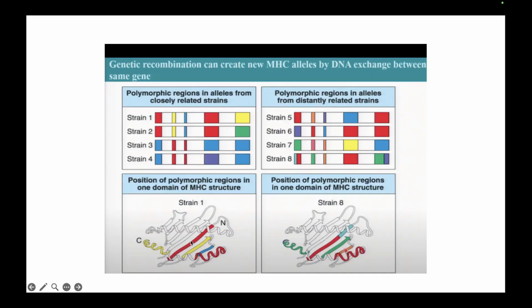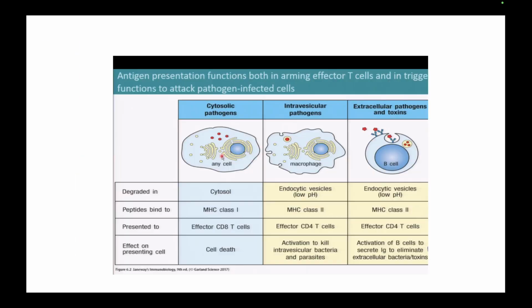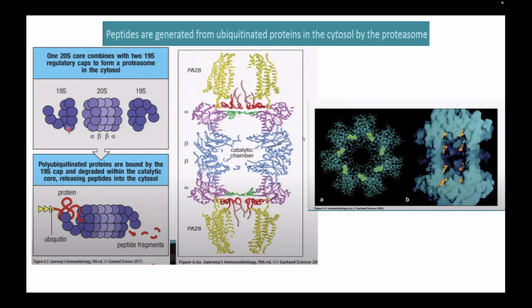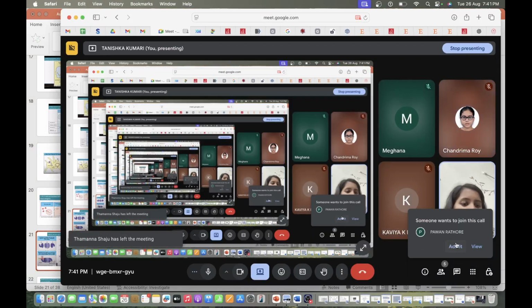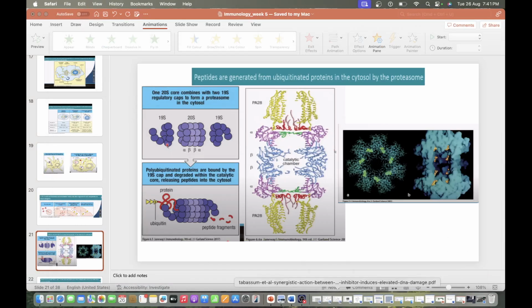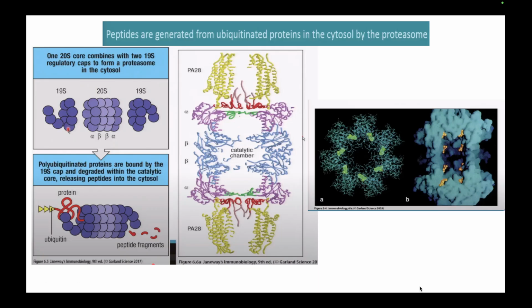In the previous class we saw that in this cleft only a certain length of peptide can be accommodated, and there are certain residues which remain conserved. So the entire protein cannot be presented, but a peptide fragment can be presented. To do that fragmentation, there are some machineries.